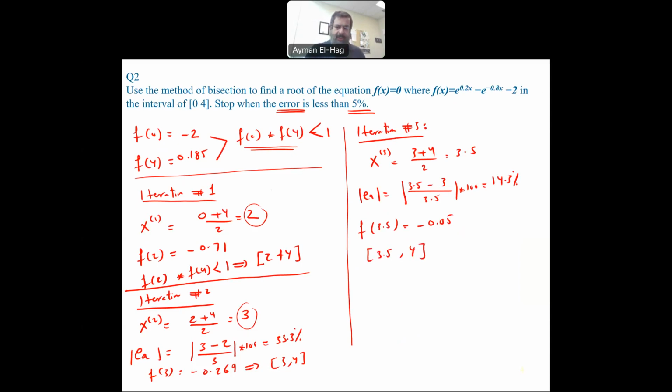Okay, so now we need to move to the fourth iteration, x4, which is equal to (3.5 plus 4) divided by 2, which gives me 3.75. Let me calculate the error, which is equal to (3.75 minus the previous solution 3.5) divided by 3.75 times 100, and this will give me 6.67%, still higher.